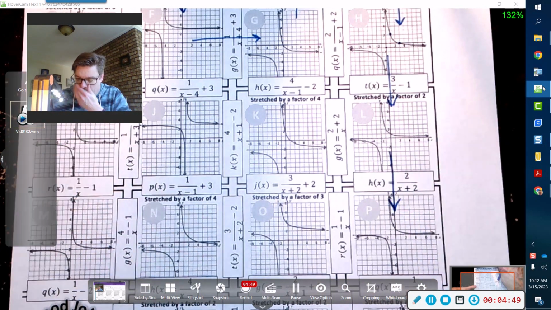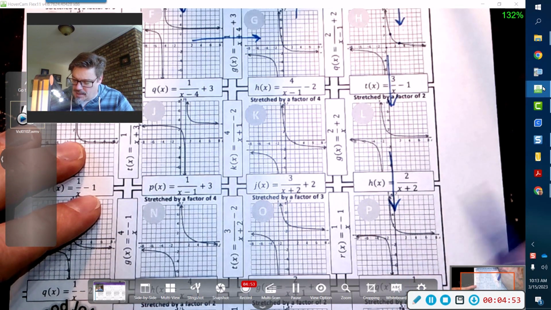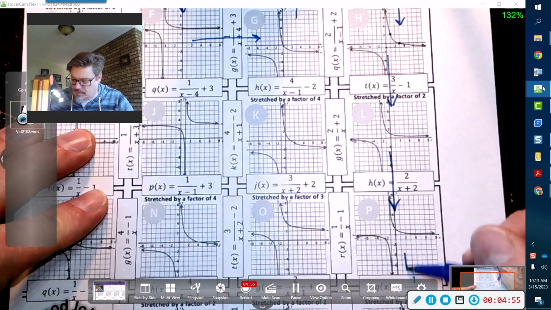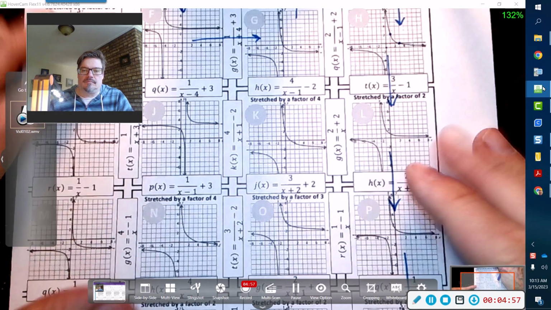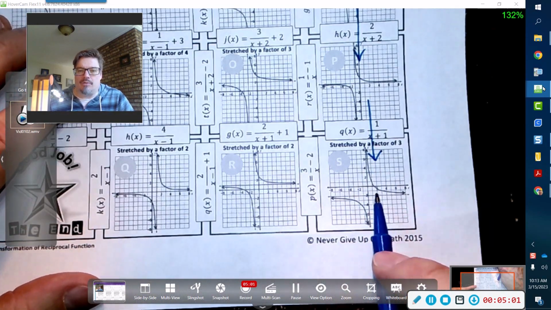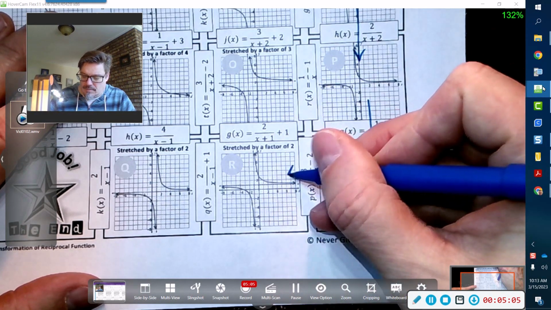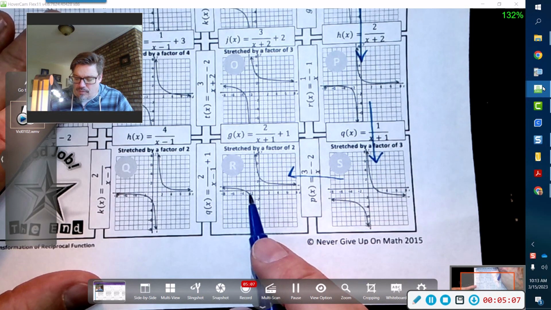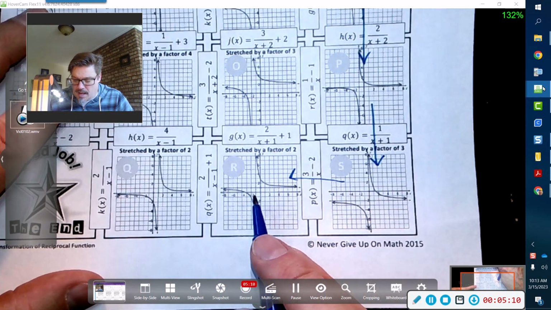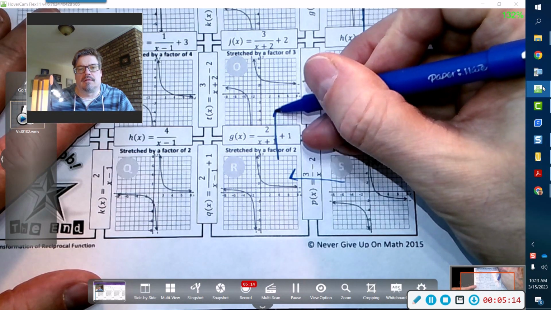All right, so now what? This guy is moving to the left 1. So moving to the left 1 means that we would go down here. All right, this guy looks like we're just going down 2. We got a stretch factor of 3. That's him. This guy is moving over to the left 1 and then up 1 with a stretch factor of 2. That's here.